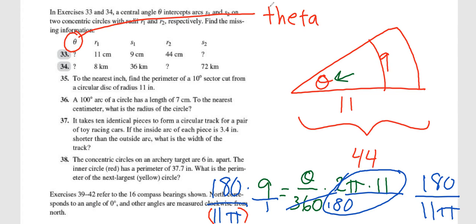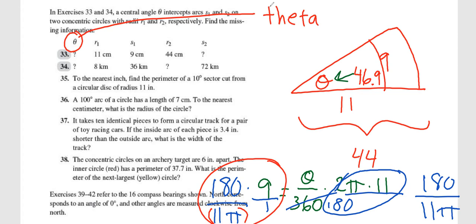How many degrees are we talking about? Let's go 46.9. Thank you very much. That's what we got from this mess. 46.9 degrees. Okay.